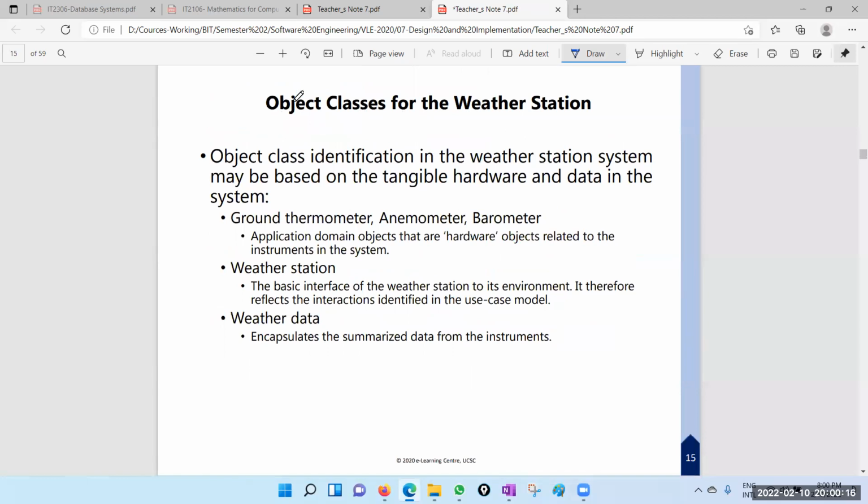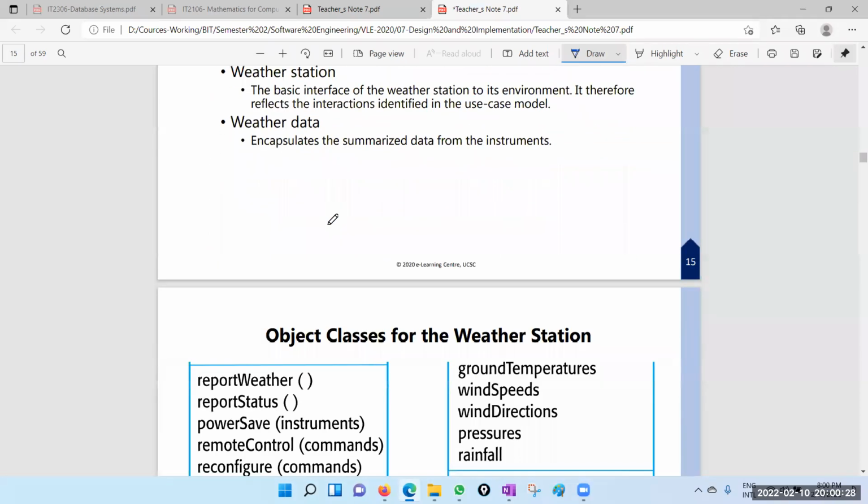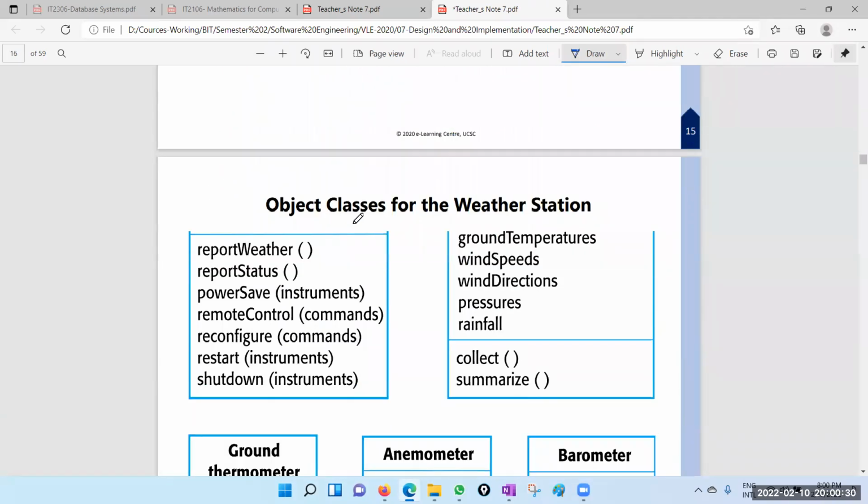Right. So now they are trying to identify the classes for the weather station application. Okay. So the weather station itself, weather data, right? Some measurement instruments, etc. So when it comes to a class or object, your object or class has attributes and behaviors. Remember we discussed that, attributes and behaviors.